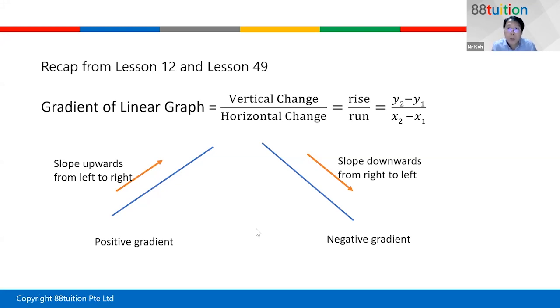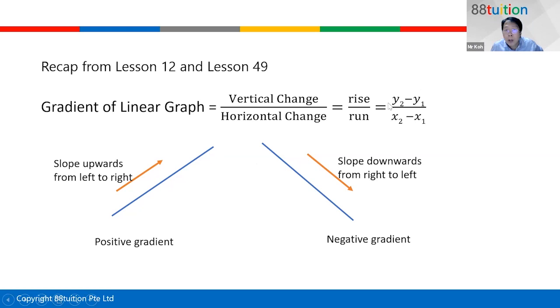The other thing that I also want to mention is the gradient. If the gradient is positive, it goes this way. So that is positive. Now, if it's negative, it goes the other direction. So positive this way, negative this way.